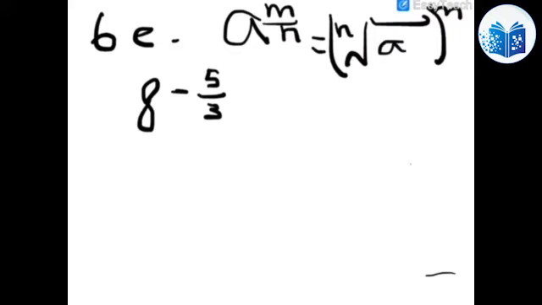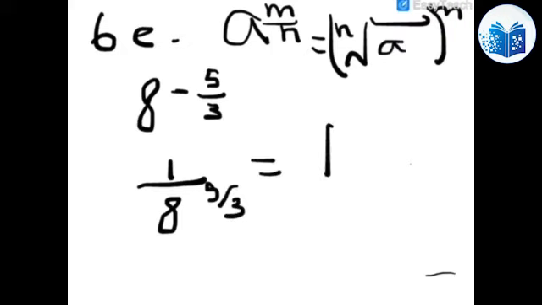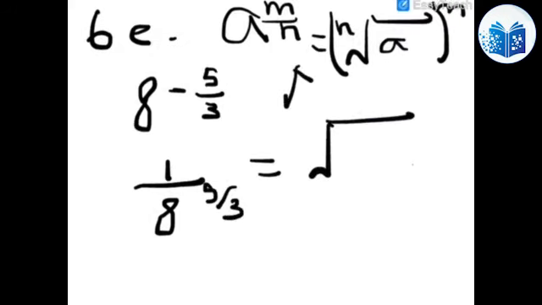We will simply first convert this negative power into positive by making it 1 over 8 power 5 by 3, which is equal to, according to this law, 3 will be the root, 8 will be inside, and this entire thing will have the power 5 over 1.